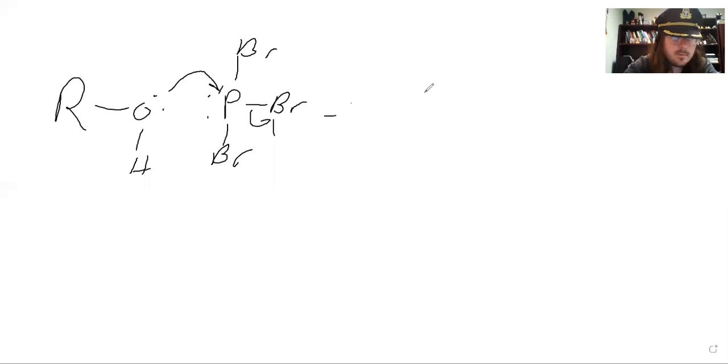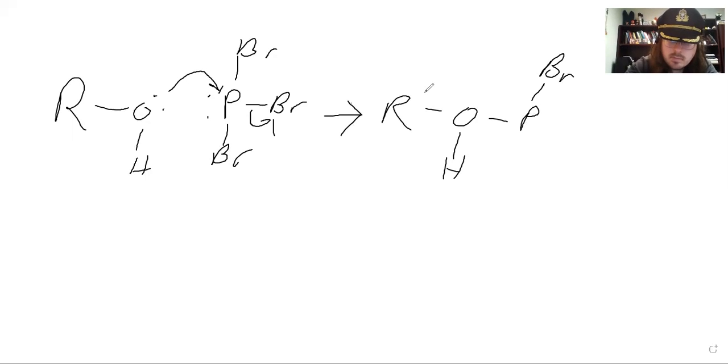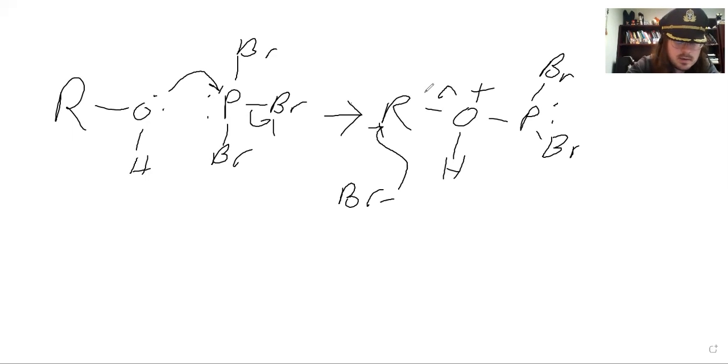So from there, we have R, O, H, P, with Br, Br. Now the bromide can back attack that carbon and kick off that group.